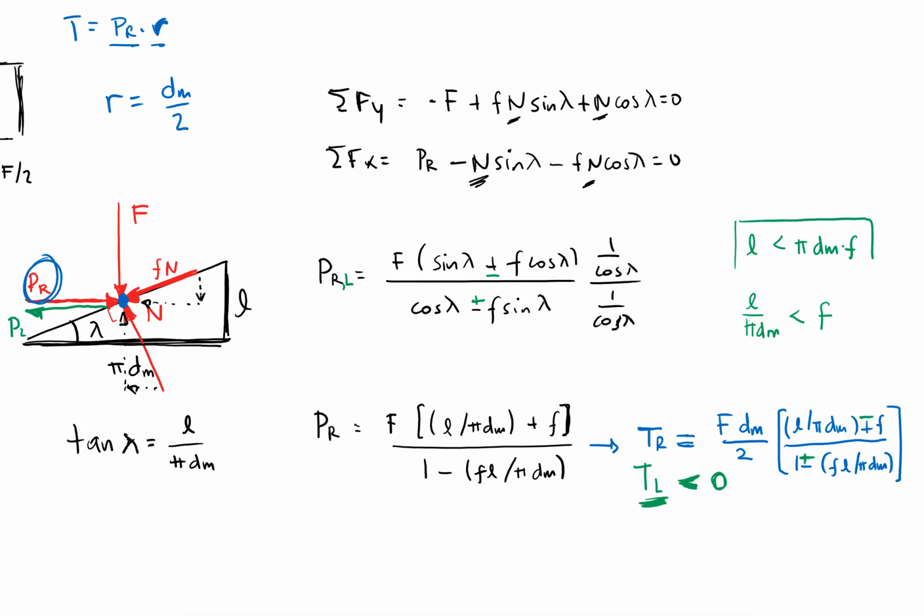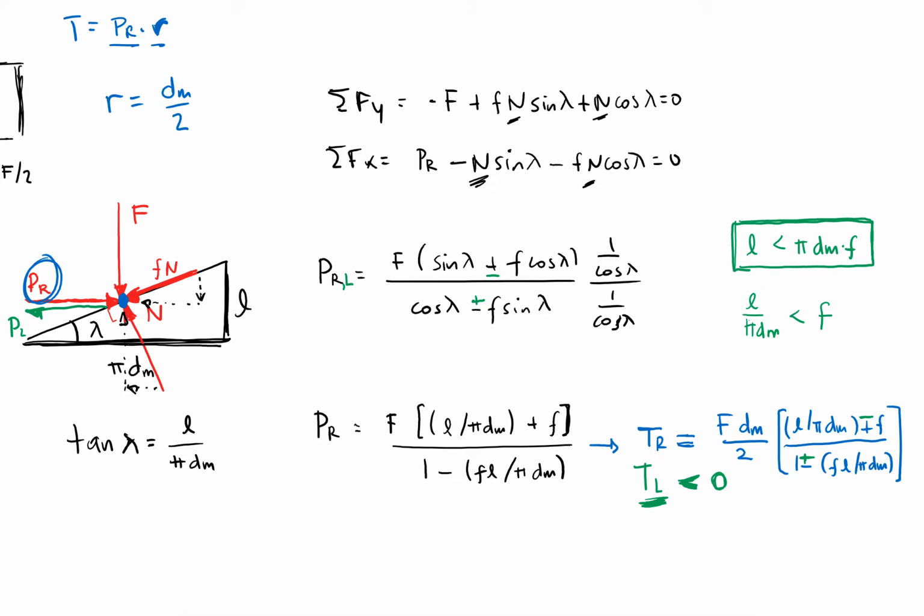So this is one of the things that we check in design so that we know that when we let go, when we're not applying an external torque like this, the load is not just going to go down by itself, that we actually have to apply TL for the load to go down.